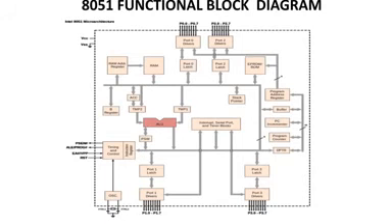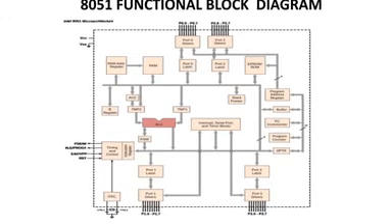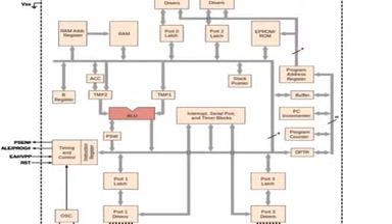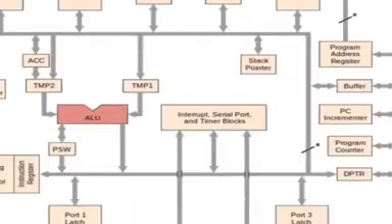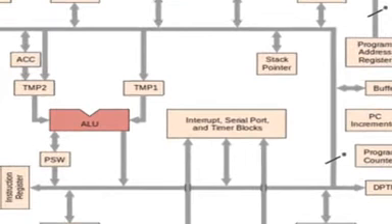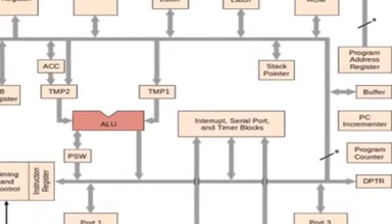Next, you also have SFRs in this block. Generally you have many SFRs. Even A comes under the same, because these are not in internal RAM; they are at a separate place, special function registers from 80H.